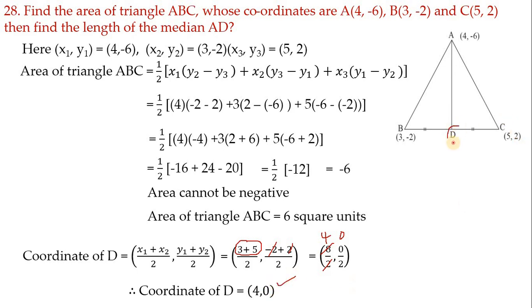Now we have got D coordinates. We have A coordinates. If we find the AD distance by using the distance formula, we'll get the length of AD. Use the distance formula. Find the distance of AD. So A coordinates are (4, minus 6) and D coordinates are (4, 0). The distance formula is root over (x2 minus x1) whole square plus (y2 minus y1) whole square.